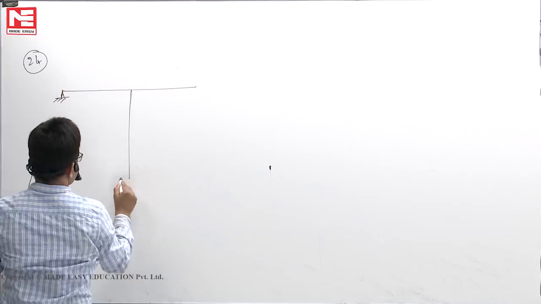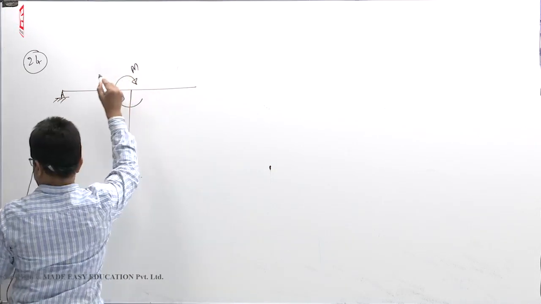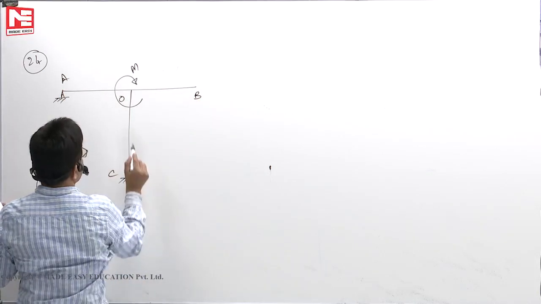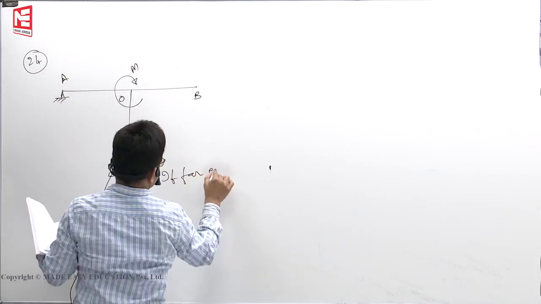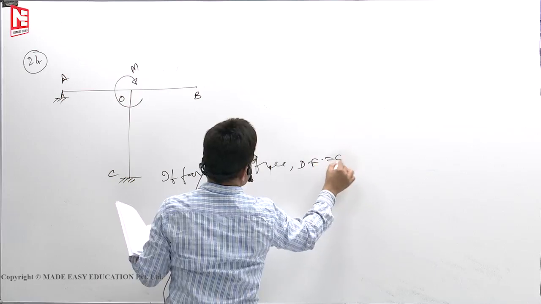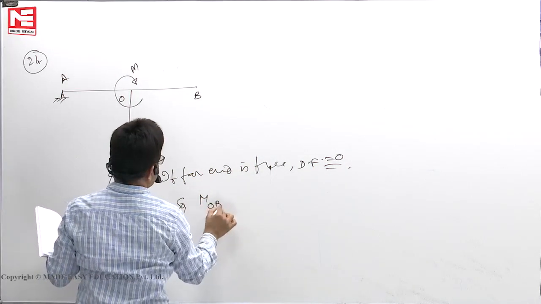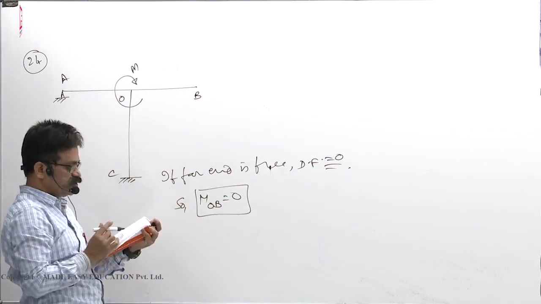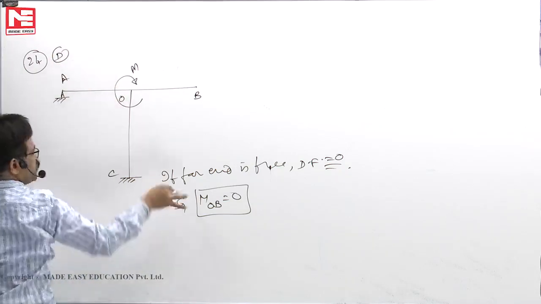Hinge, fixed, O, M, B, C. If the far end is free, distribution factor is 0. So the moment at O for the member OB is 0. MOB is 0. Where is the all-0 option? D. So directly you answer D without calculation.